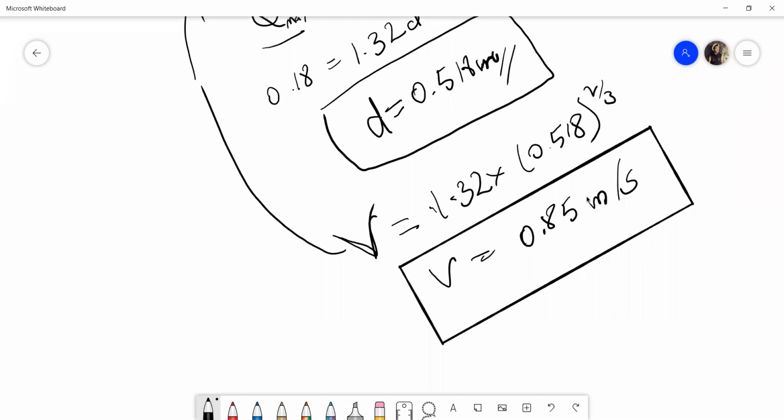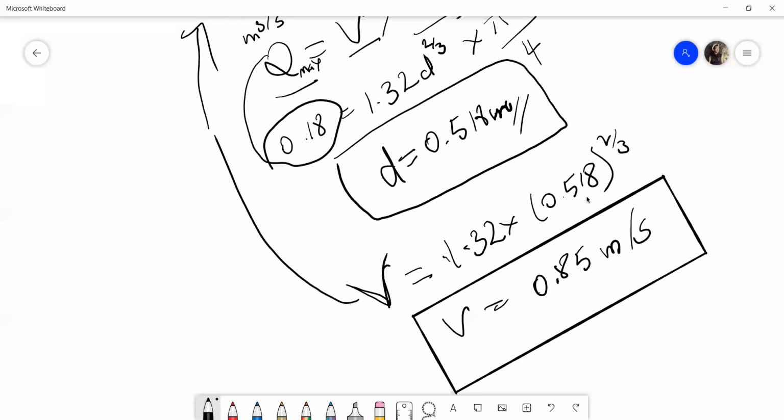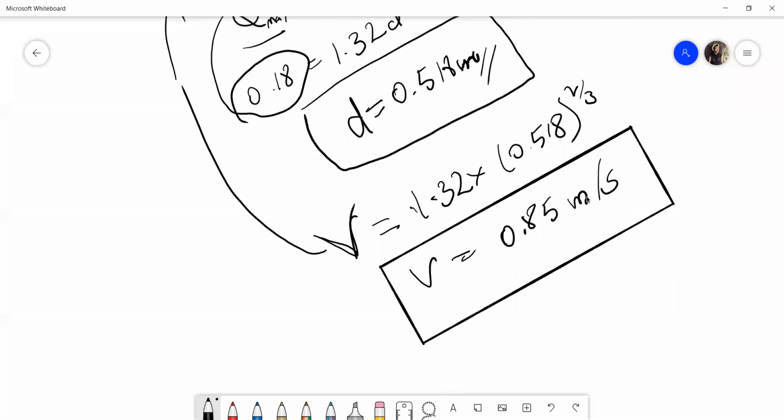So what was the question? Find out what would be the velocity of flow when the sewer line is running full. So when the sewer line is running full, that is at a maximum Q of 0.18, the velocity is equal to 0.85.